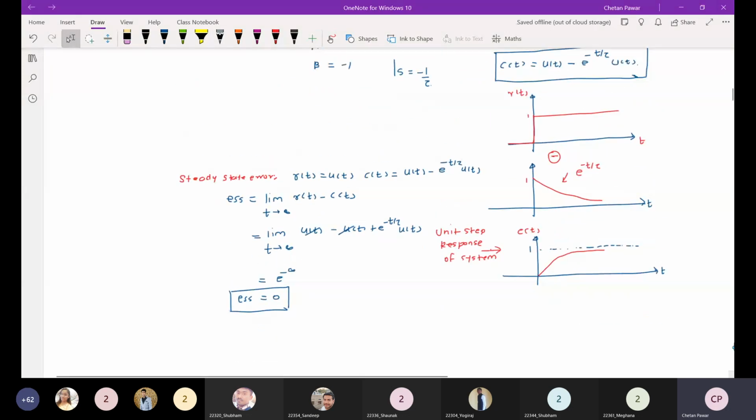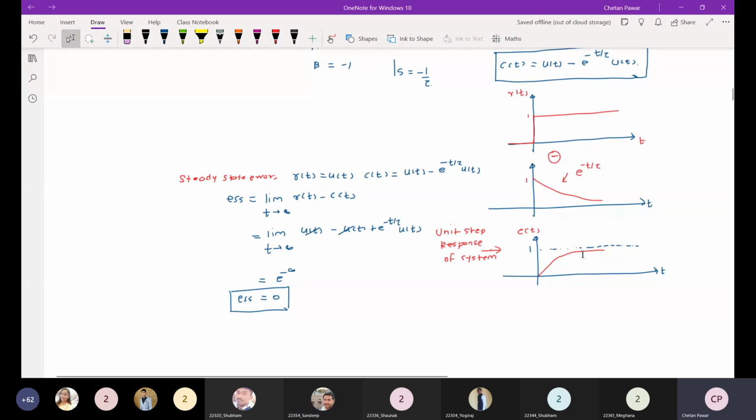Now, from the graph, how can you determine that? In this graph, the input is 1. At t tends to infinity, what is the value of the input? 1 only. And if you observe the output, at t tends to infinity it will reach its steady state, which is 1 only. Now it's increasing, it will take some time. Any system takes some time to reach the steady state.